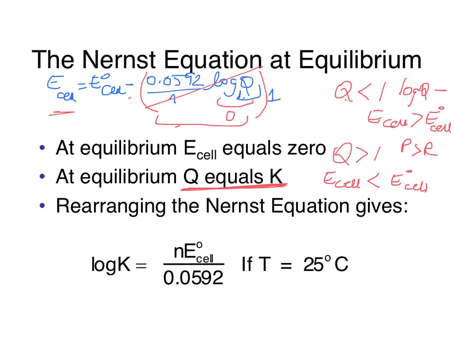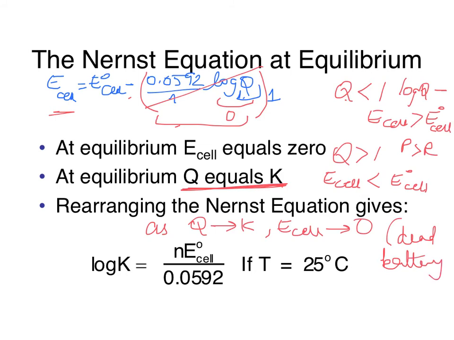So this last point explains why batteries do not actually last forever, because as the reactants get depleted, the reaction will proceed towards equilibrium and the potential will tend towards 0. So you can say that as Q tends to K, E cell tends to 0, and you will end up with a dead battery. All right.